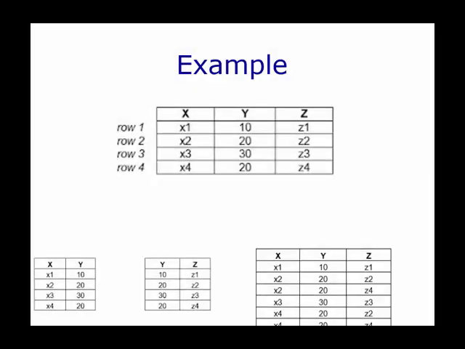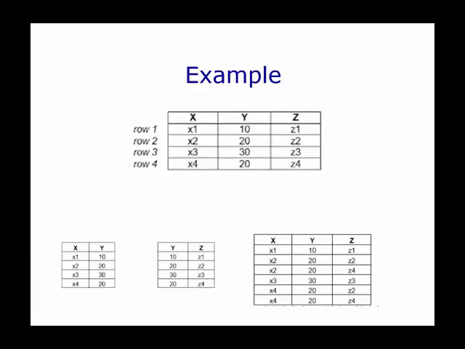In this example, we cannot divide this table into 2 tables, because if we try to divide it and recombine it again, it will give different data, more data than the original table.